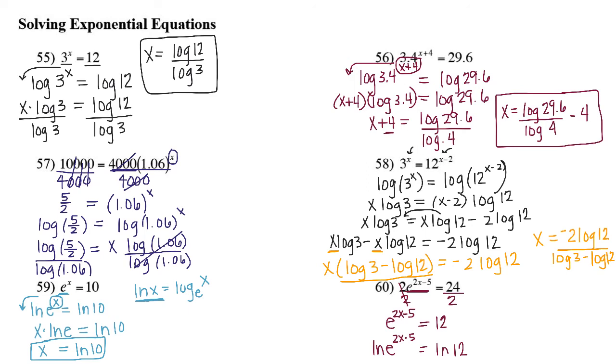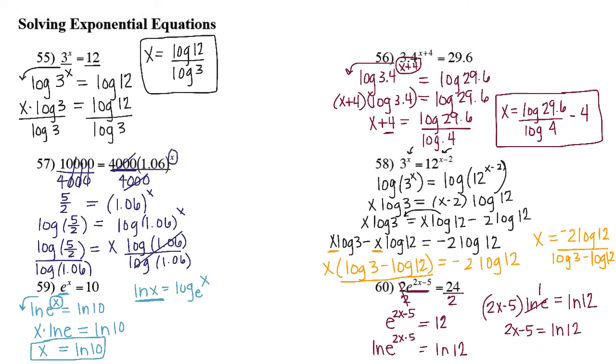And so here we are going to move our exponent out to the front, 2x minus 5 times natural log of e equals the natural log of 12. So we have 2x minus 5 equals natural log of 12, again because natural log of e is 1.